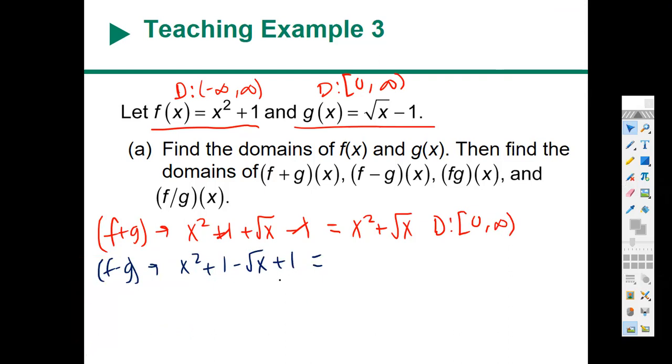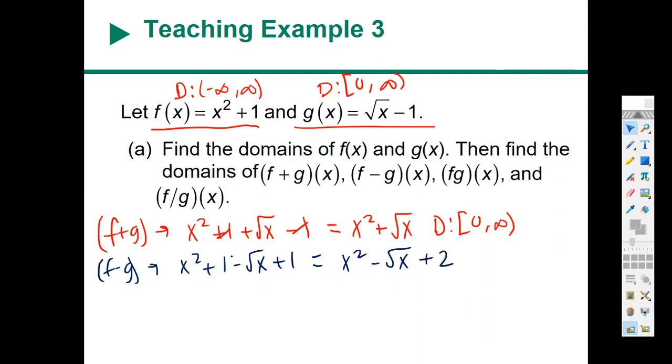Yeah, but you don't just change the square root sign, you also change its second term's sign. You're not just subtracting the square root of x, you're also subtracting the negative 1. And minus a negative makes it a positive. So it becomes x squared minus the square root of x plus 2. Why didn't we change it in the first problem?